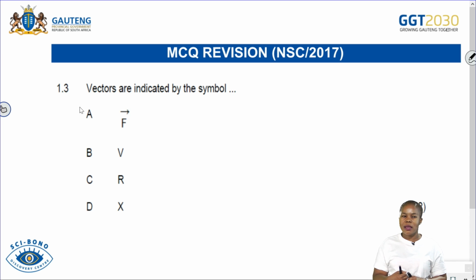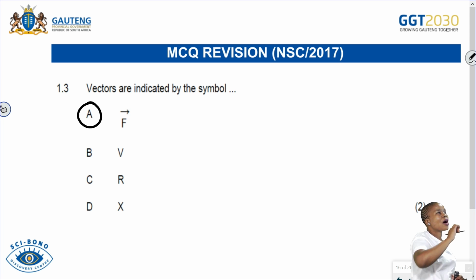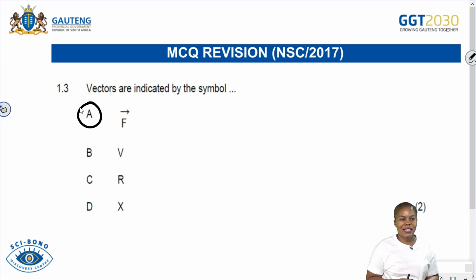So is it A, F with an arrowhead on top of it, B, capital letter V, C, capital letter R, or D, capital letter X? Which one has an arrowhead that is pointing somewhere? The correct answer is therefore A, because now it is giving us direction. This is how we represent the vectors.